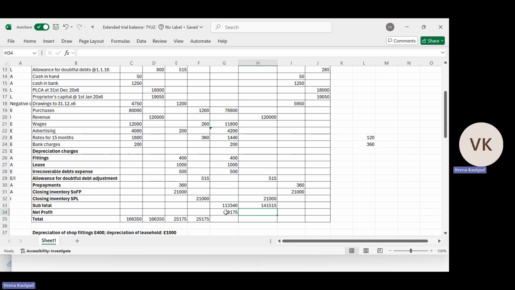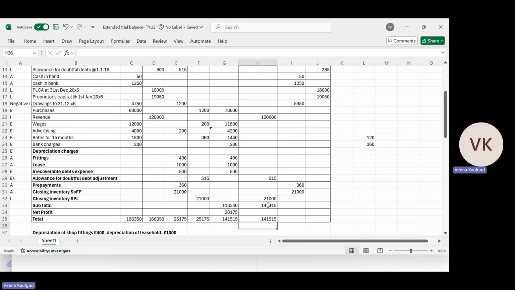Okay, so 141. So the moment I change this, the profit figure is 28,175. So I had not done this 515, guys. That's why I was getting a wrong answer. So my profits are 28,175, giving me a total, so this plus this is the total, and this is going to be the same.